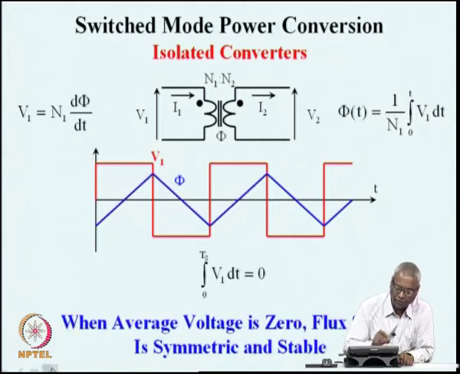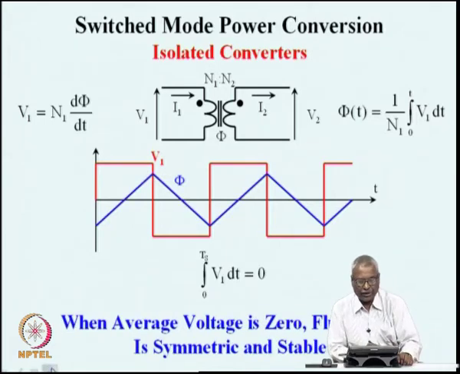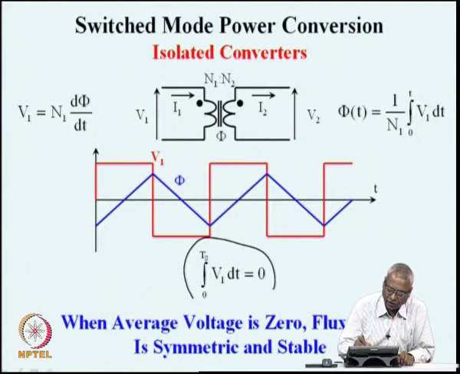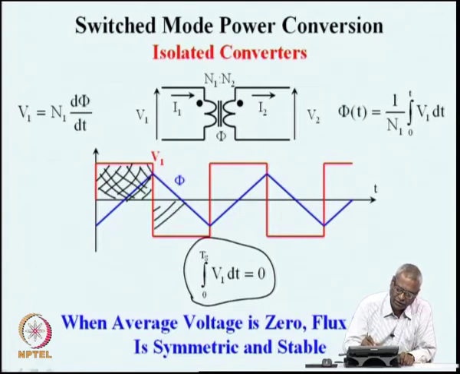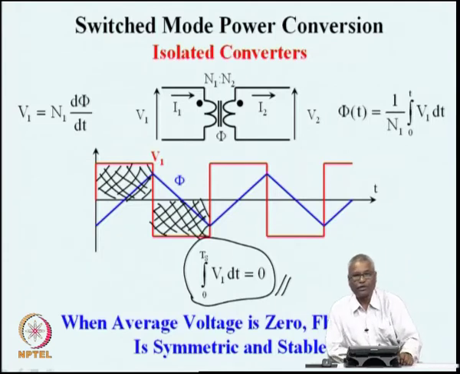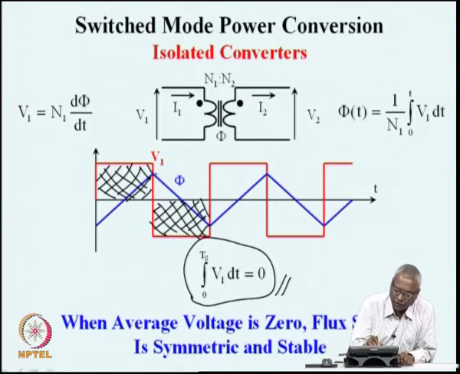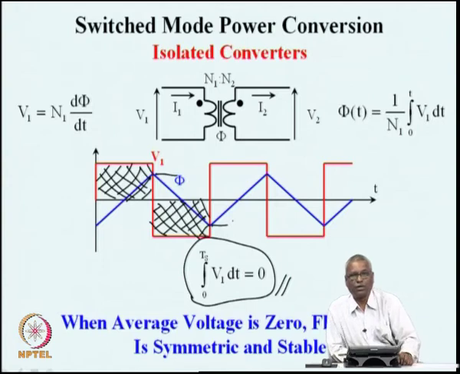The integral of one full cycle, the hatched voltage here in one half, is the same as the hatched voltage in the other half, with the result that the average voltage is 0 and the flux has a stable periodic value with plus phi by 2 as the maximum flux and minus phi by 2 as the minimum flux.